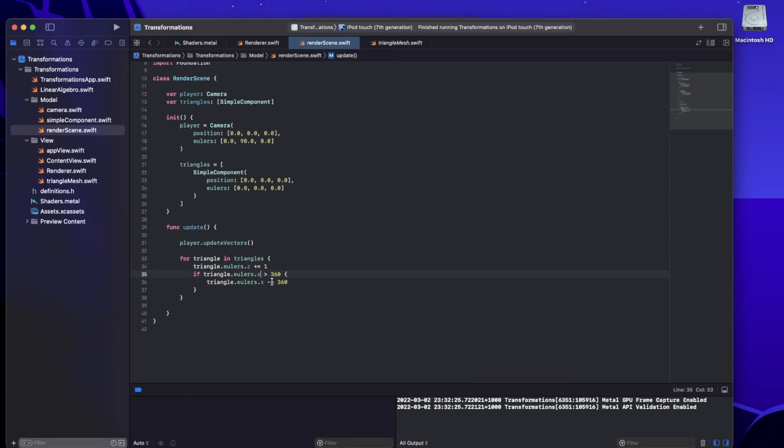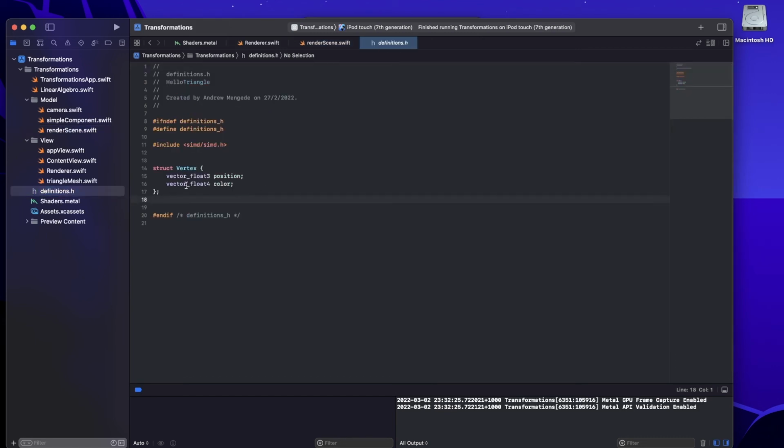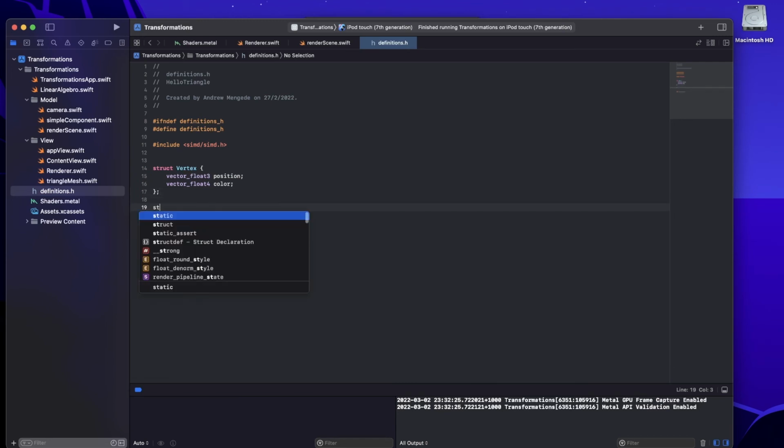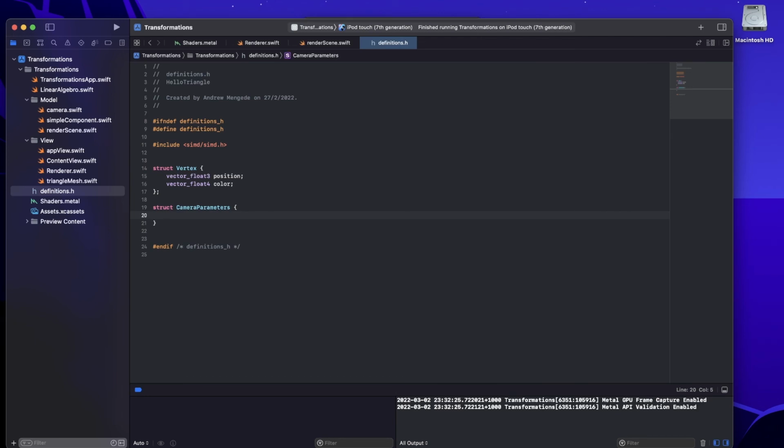We're just experimenting. And now let's create the view transformation. So in order to do this, I'm going to ultimately pass in two things. I'm going to pass in a view and a projection. Because I'm passing in a view, I'm going to make a data structure for this.